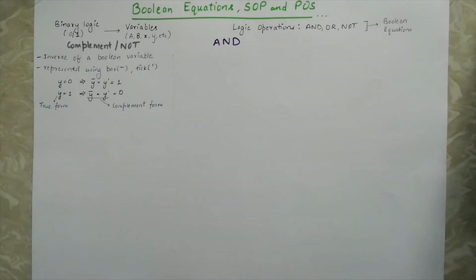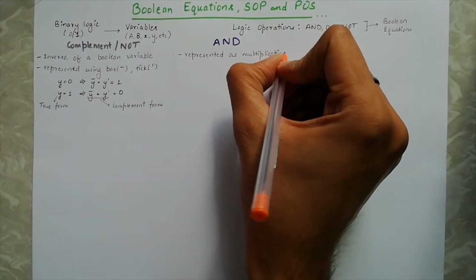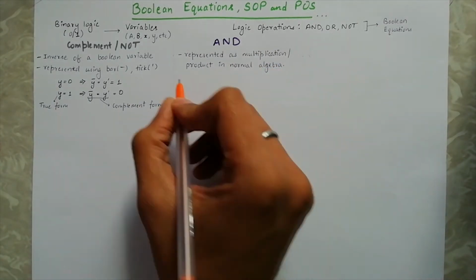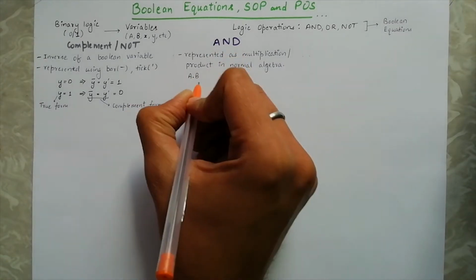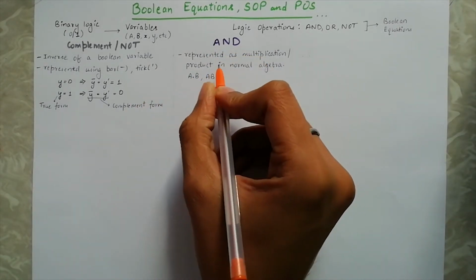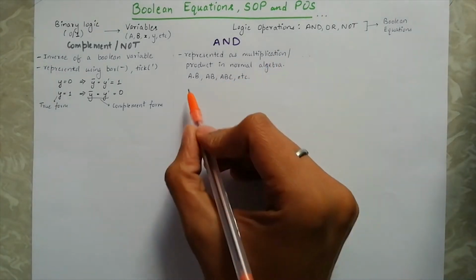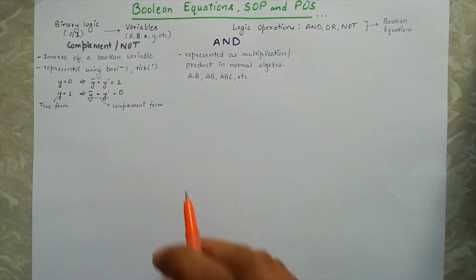AND between two or more variables is represented in the same way we represent a multiplication or product in normal algebra, using a dot like a dot b or sometimes simply ab. For three variables, it goes like a, b, c. We will call this as a and b when dealing with binary variables.